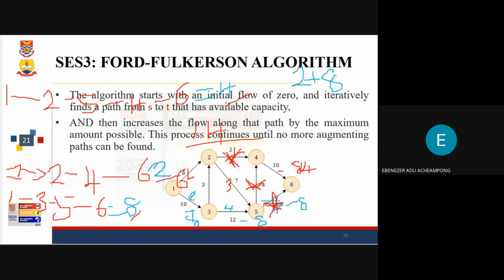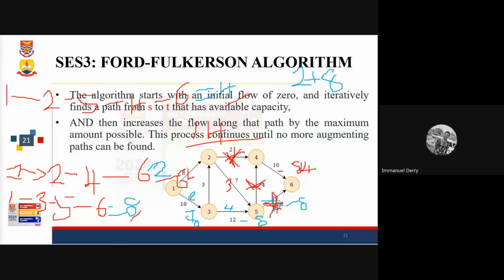Please, I have a question. Yeah, Ebenezer, we are listening to you. Sir, my question is, when we identified the first path, where we got the least weight as 2, why didn't we update the path before we identified the second path?